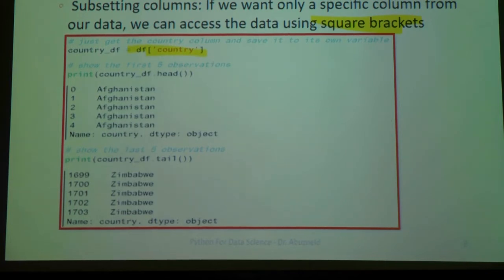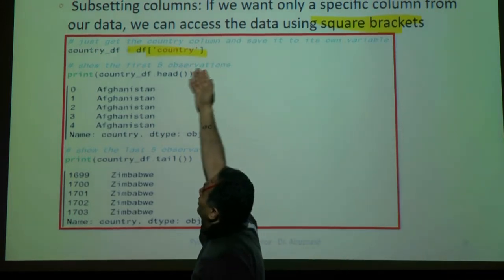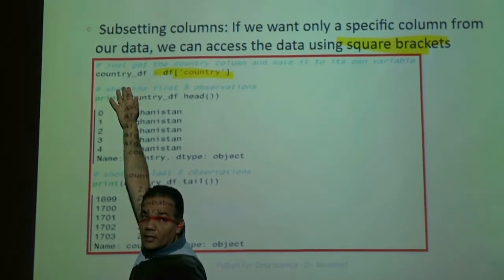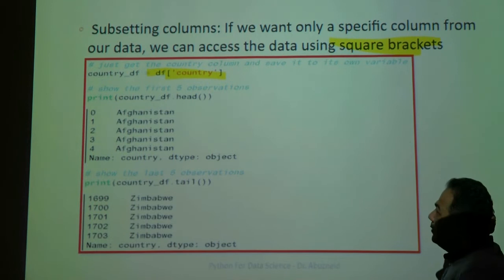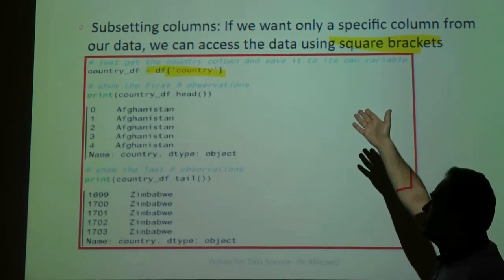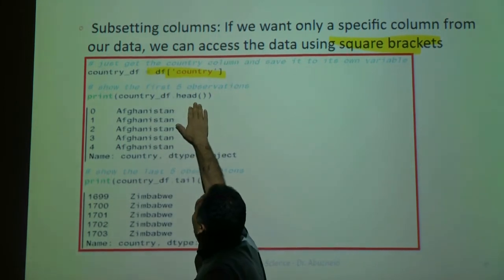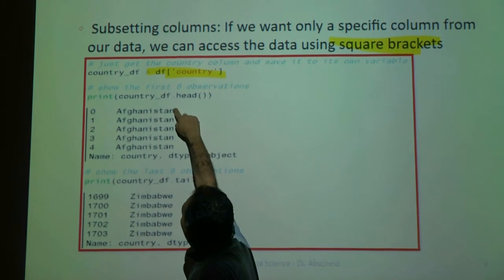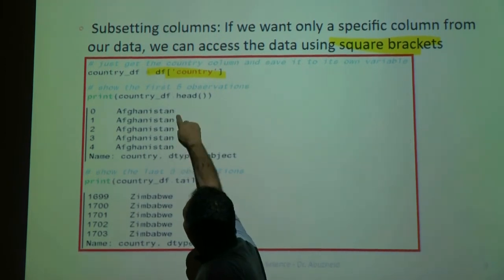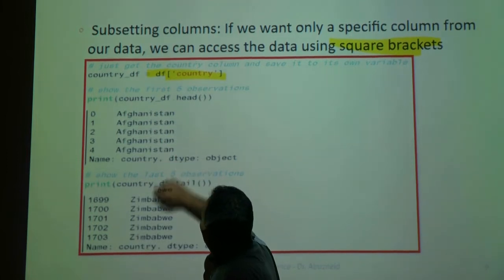This will go to the data frame, pick the column that has the country header, and will save it where? In another data frame. We give it a name, country_df. So now, if I print the head, the first 5 lines of this new data frame, it gives me only one column, which is the country.